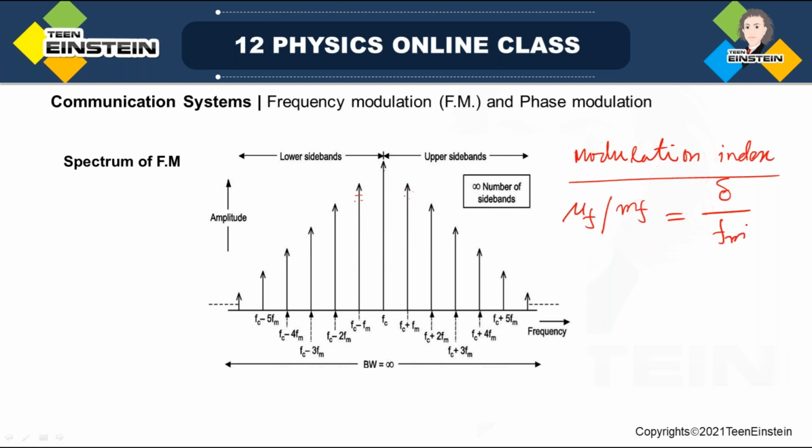The modulation index mu f for an FM wave, that means for a frequency modulated wave, is defined as the ratio of the maximum frequency deviation, delta max, to the modulating frequency.